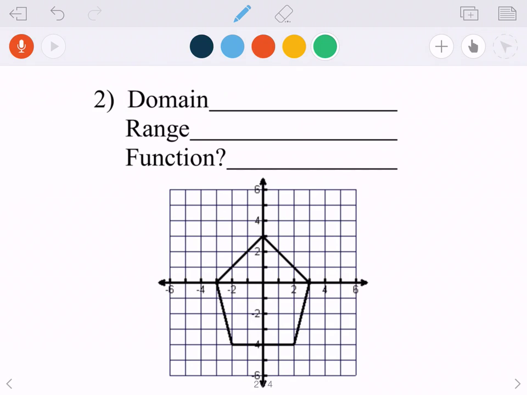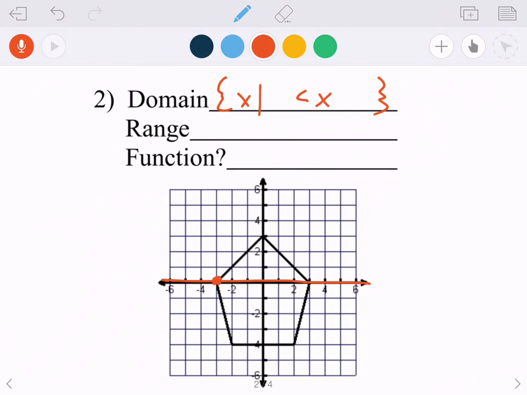Second example, I have a pentagon here. So my domain, again, my x values. So I'm focusing on the x-axis first. The furthest left point on this graph is right there, and that is at x equals -3.